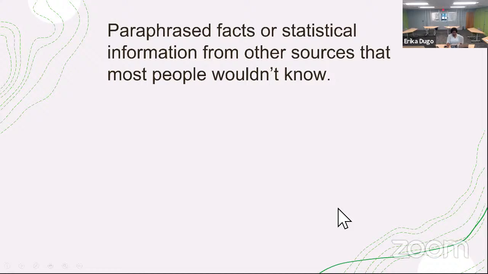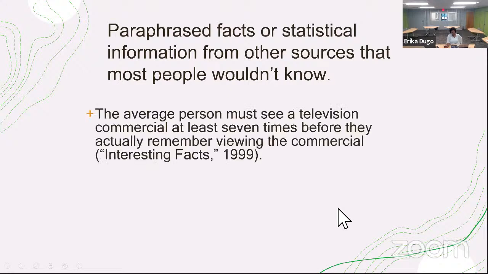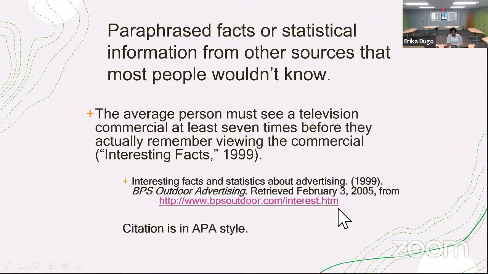So you also need to acknowledge paraphrased facts or statistical information that you get from other sources that people may not generally know. So this is an example of that. And this particular one is in APA style, or American Psychological Association citation style.